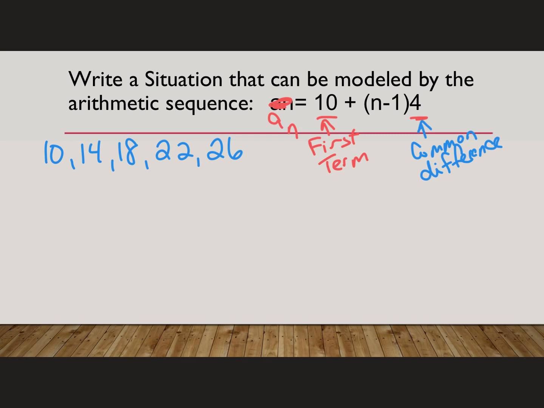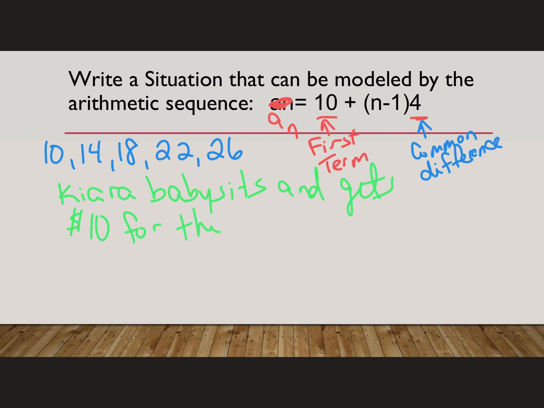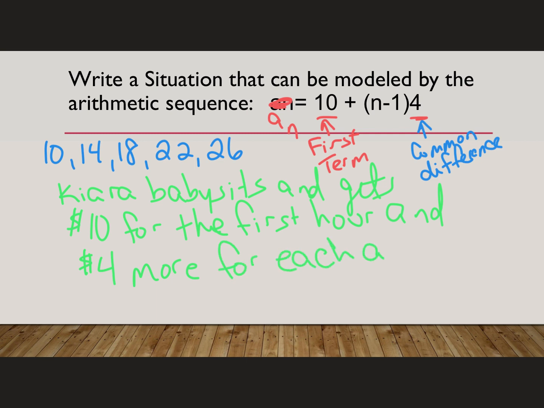So let's say Kiera babysits and gets $10 for the first hour. And $4 more for each additional hour.